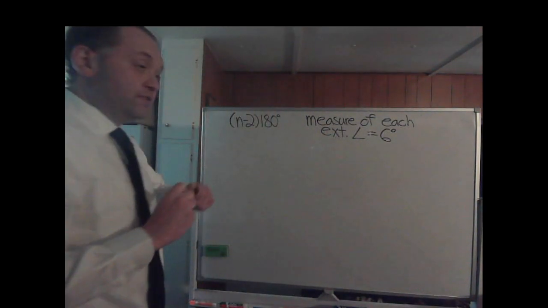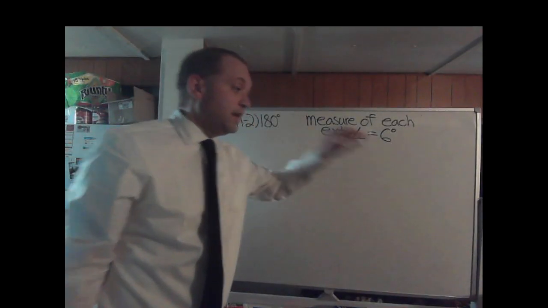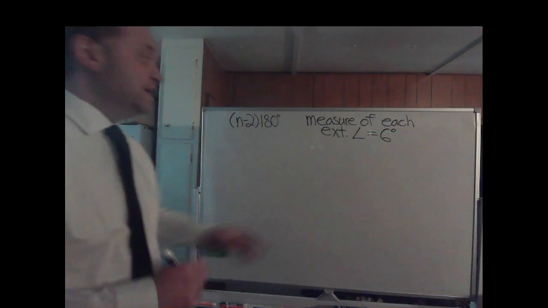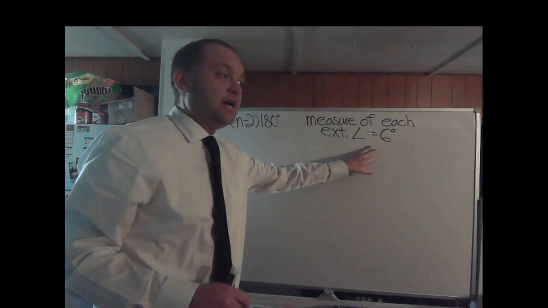All we're given for this one is the measure of each exterior angle equals 6 degrees, right? What do we do if we're only given the exterior angle? So how in the heck are we going to solve that?